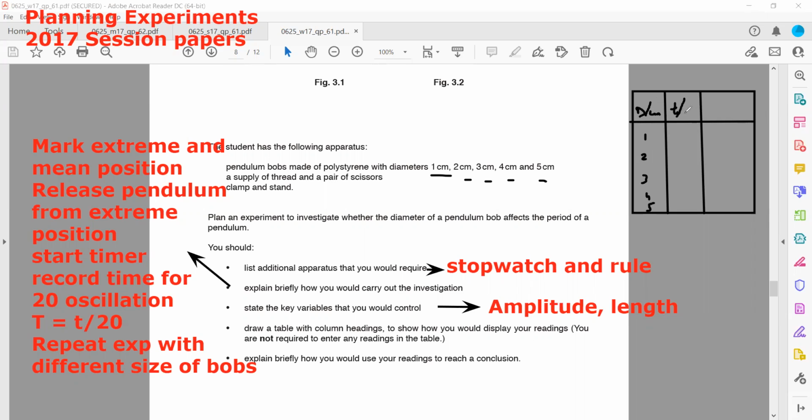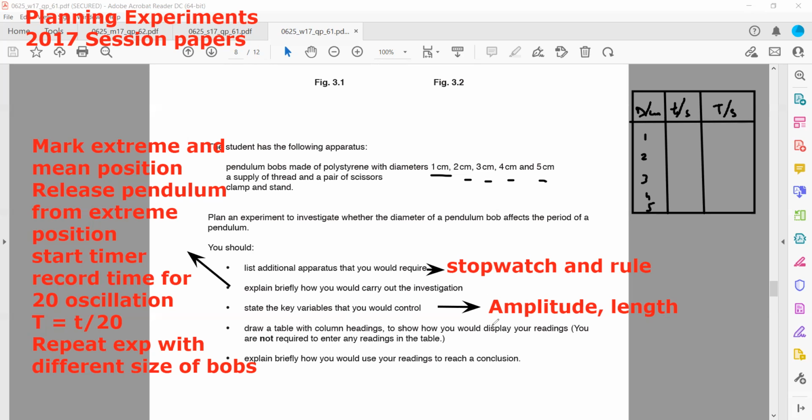Then t is the time for 20 oscillations, and capital T is the time for 1 complete oscillation. Yes, for point 3, you can also mention the number of oscillations or number of vibrations. That's also true. So this is the table.